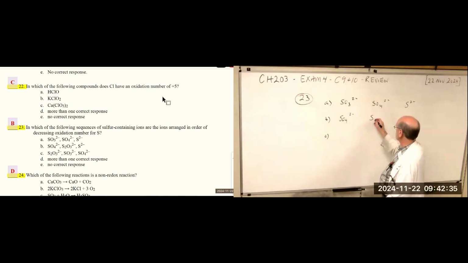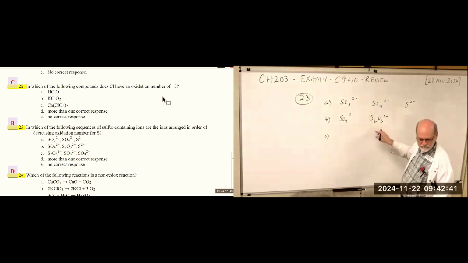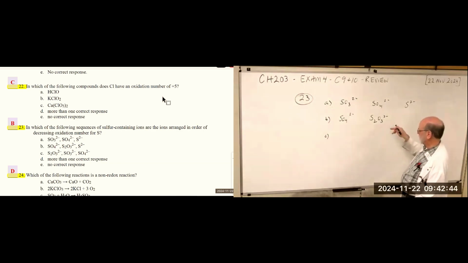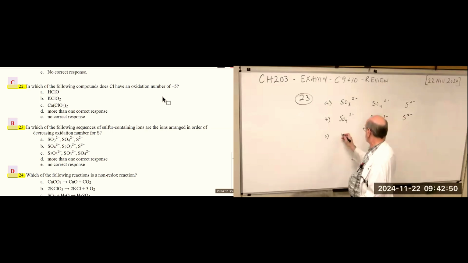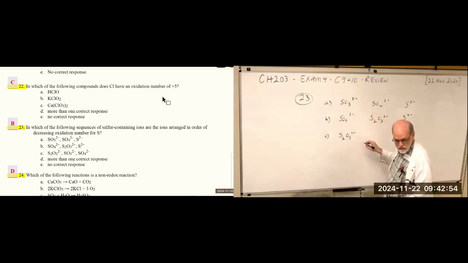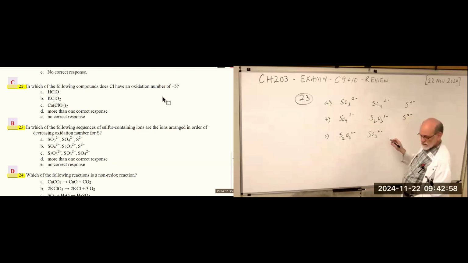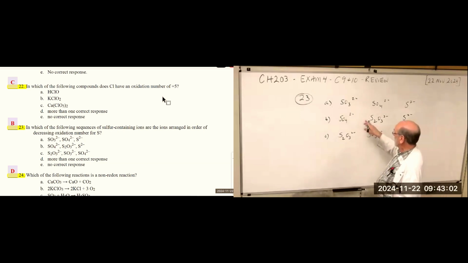S2O3 2-. That's thiosulfate. And then this one will already be done. And the last one, we'll already have that one done there. And we'll already have this one done. So it's not as bad as I thought.